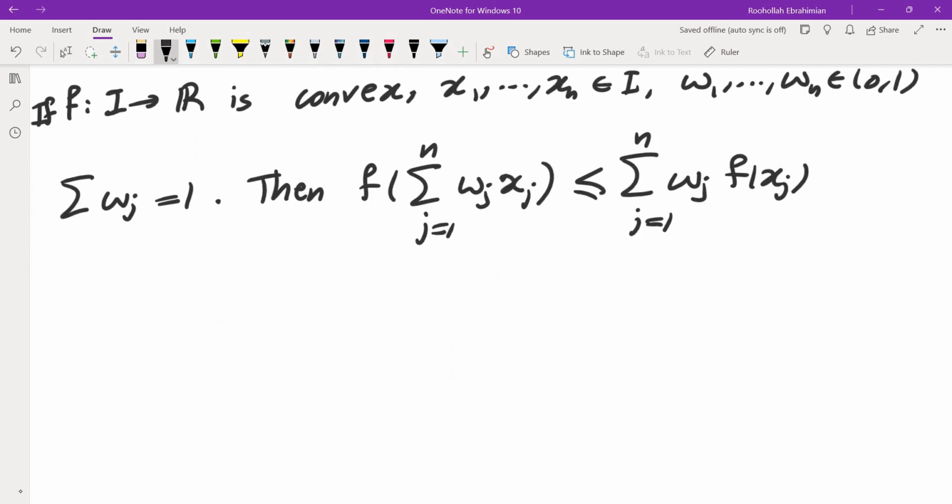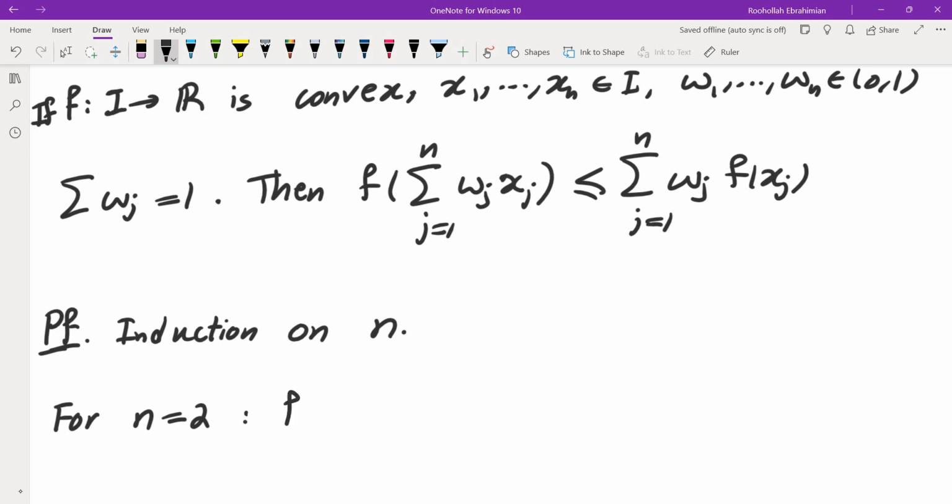For n equals 1, both sides are basically the same. It's really not interesting. So we start from n equals 2. Induction on n. For n equals 2, we get f of w1 x1 plus w2 x2.